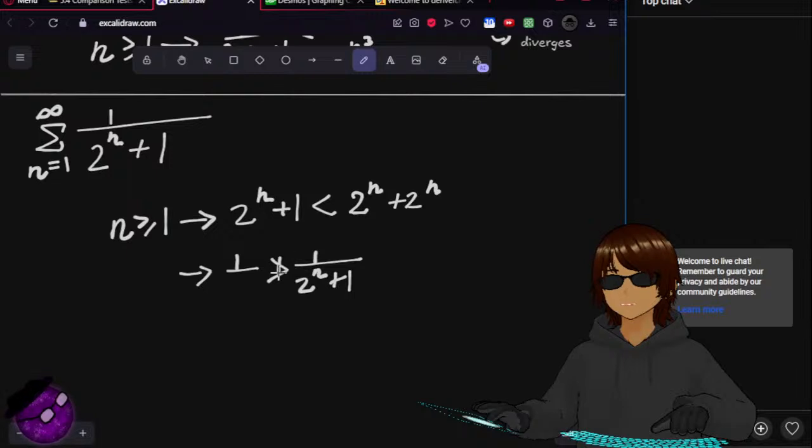Okay. So now it reverses. 2 times, plus 1, would be lesser than this.